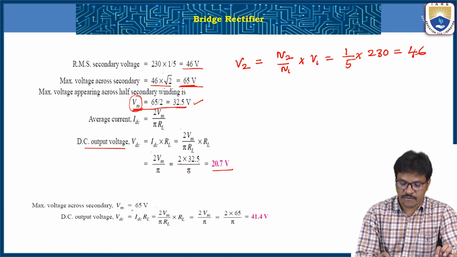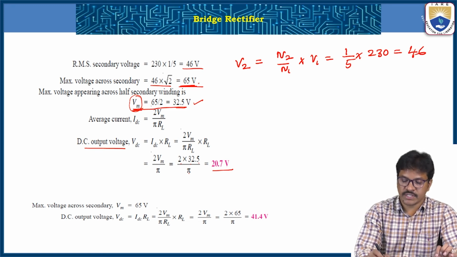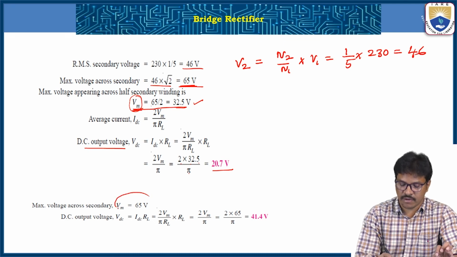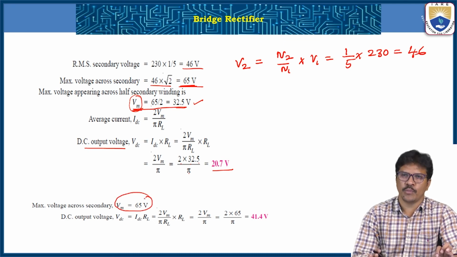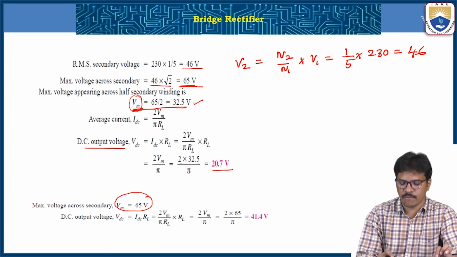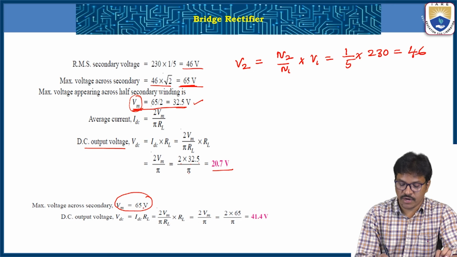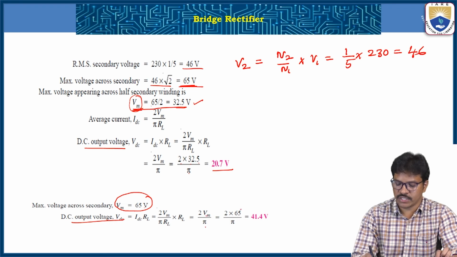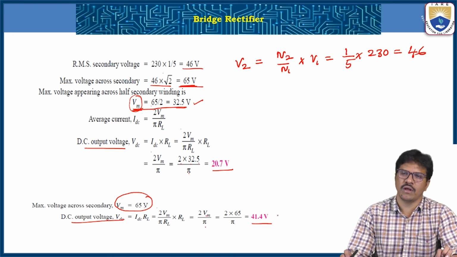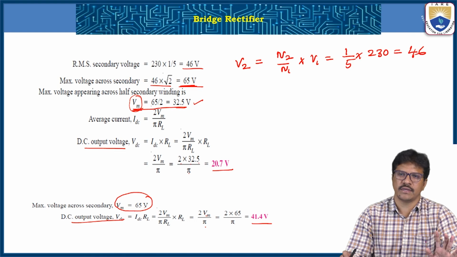Similarly, for the bridge rectifier, the maximum voltage across the secondary coil is 65. No need to divide by 2, because in the bridge rectifier we use a normal transformer. So the same 65 volts is delivered to the diodes and then we get the DC voltage. The formula for DC output voltage for the bridge rectifier is 2 Vm by pi. 2 into 65 by pi, you will get 41.4 volts.